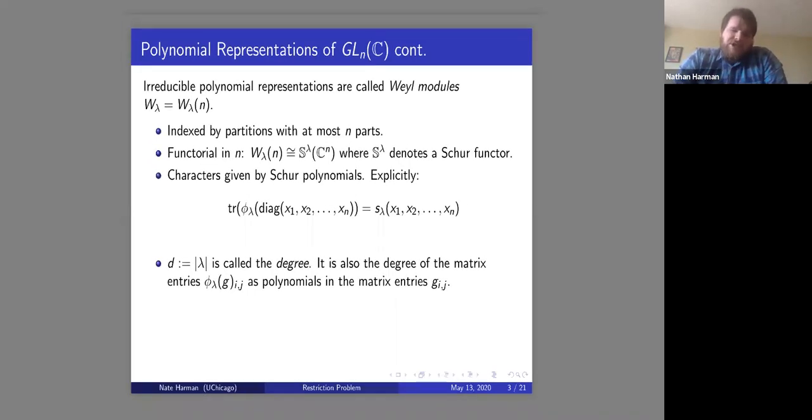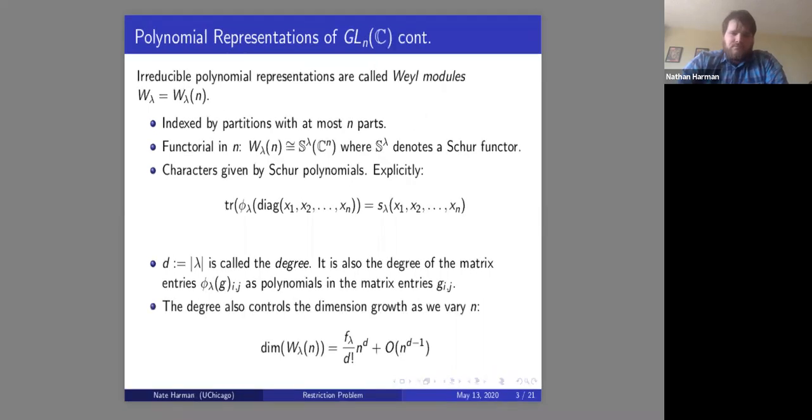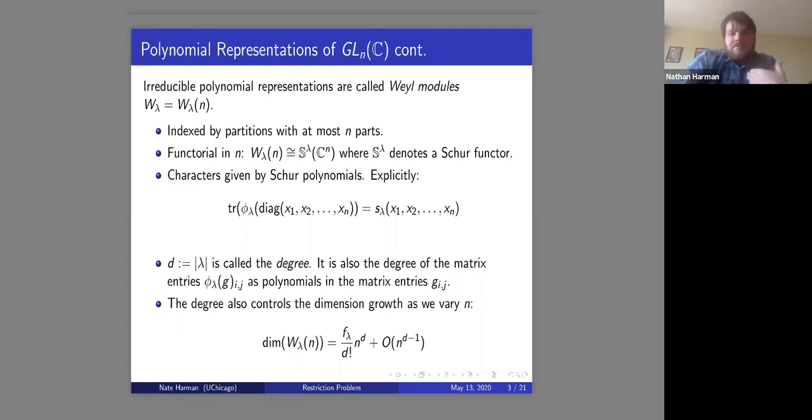The size of this partition is the degree. It's also just the degree of the polynomials that appear inside the matrix entries, homogeneous polynomials even. So agreement of terms in different areas of math is always nice. We have this notion of degree that shows up, and it's what you expect it to be. On the polynomial functor side, this degree d is really controlling the dimension growth as well.